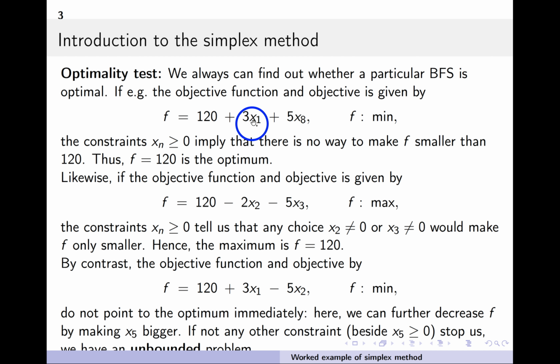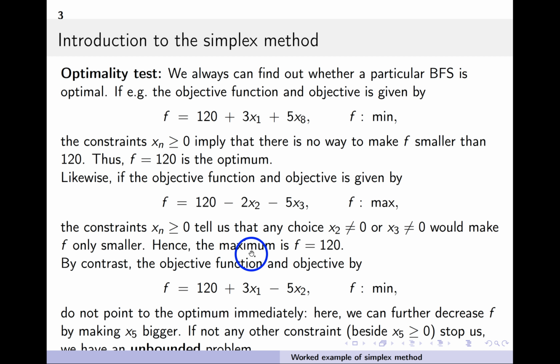With f written in this form, the only way to make f the smallest is to have x1 and x8 equal 0. Likewise, if you have an objective function like 120 minus 2x2 minus 5x3, and you're looking for the maximum, because x2 and x3 both have to be greater than 0, if those variables are anything other than 0, it will decrease f away from 120, and this tells you that the maximum is 120.